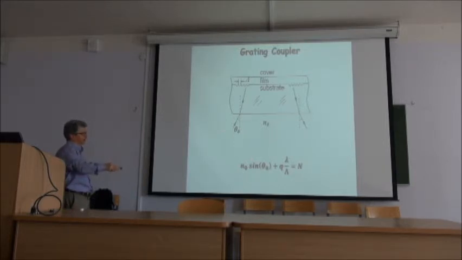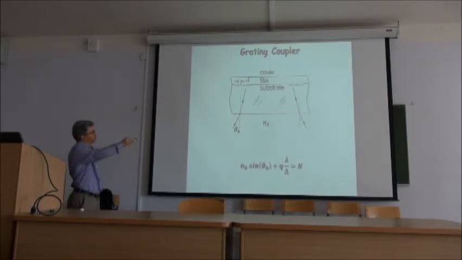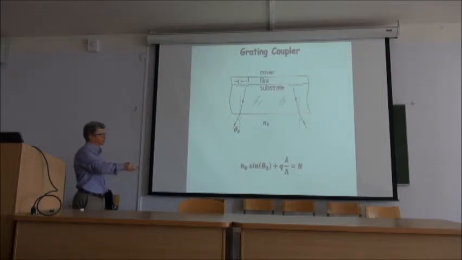The component from the grating comes from this term here: lambda over capital Lambda. That is the contribution of the grating to the Snell's law of that ray of light. And this combination of Snell's law and the grating contribution must match the effective index.